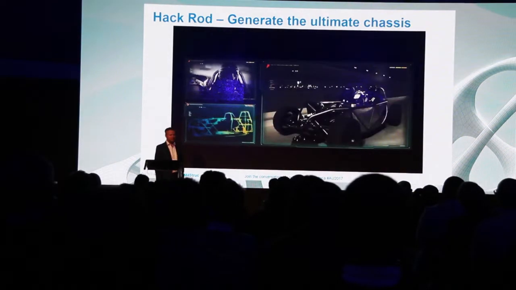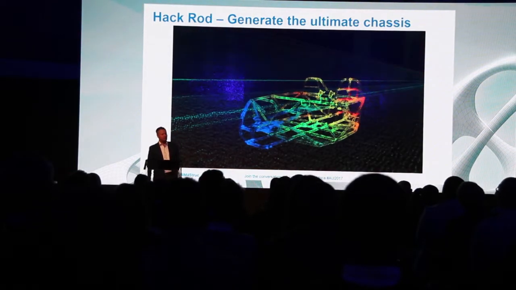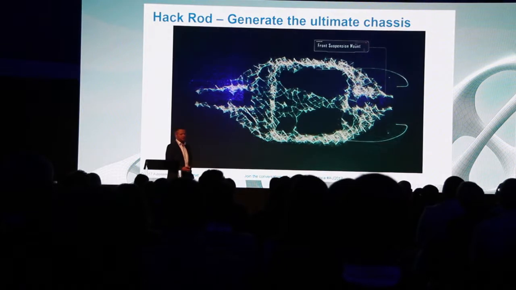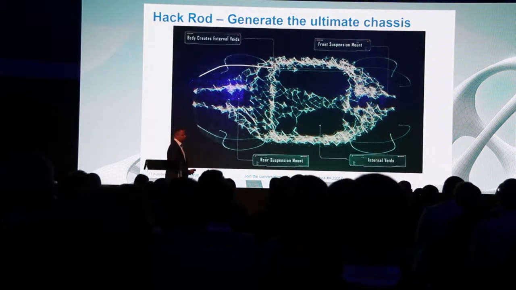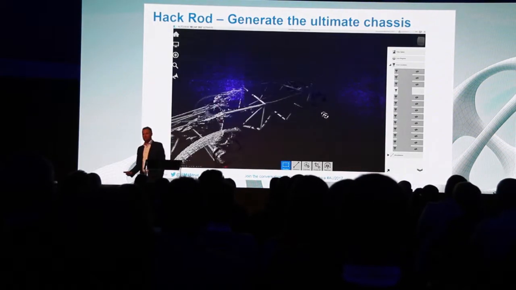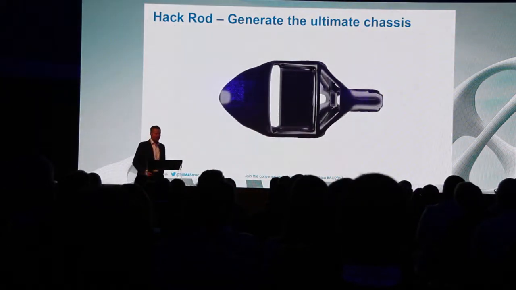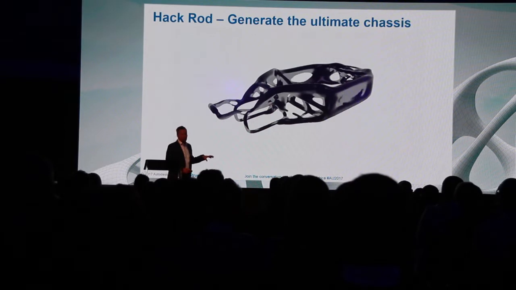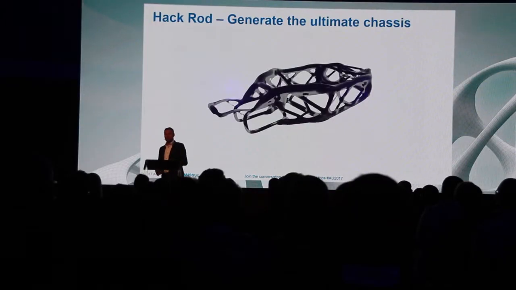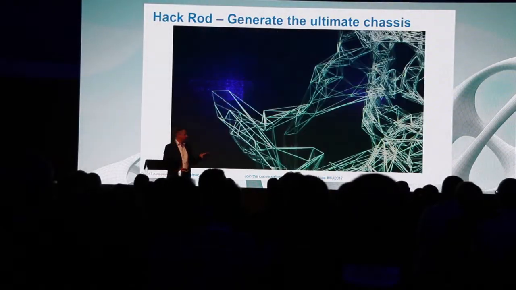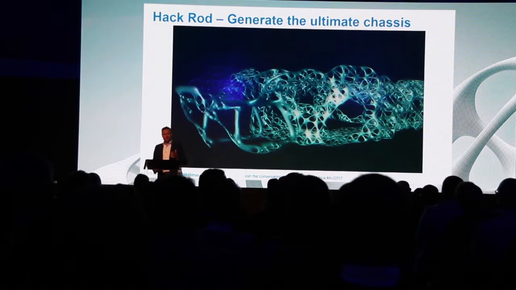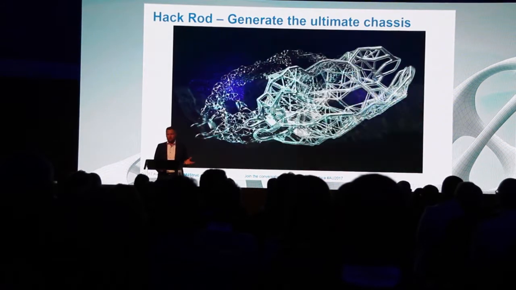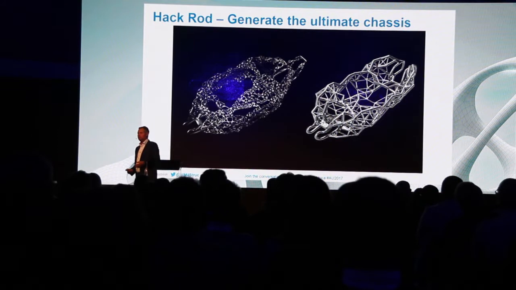Now, Hackrod is a digital industrial company that develops design, engineering, and manufacturing pipelines that will drive the next industrial evolution. What they've done here is outfit a race car with dozens of sensors, and they drove it to the limit. So they used that race car to generate billions of data points.